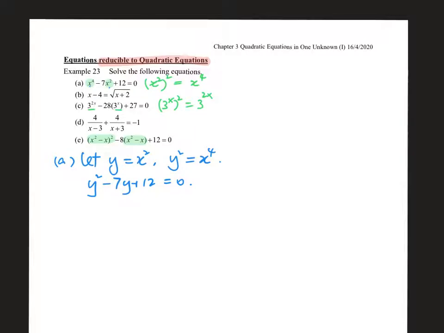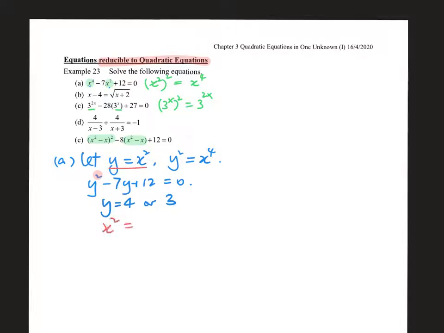Can you see it? Now the question is about a quadratic equation. So as a result, by your calculator, formula 1 definitely, you get the result, let me check, which is 4 or 3. y is 4 or 3. But it's not the end, because y is x squared.